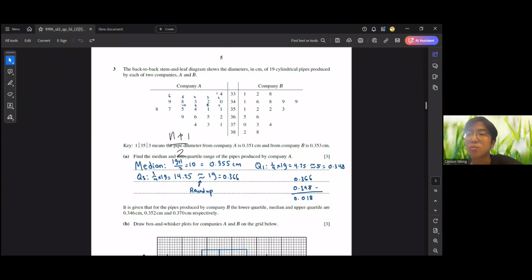N is the number of data, so 19 plus 1 over 2 is 10, and in 10 it is this one. It is 0.355 centimeters.